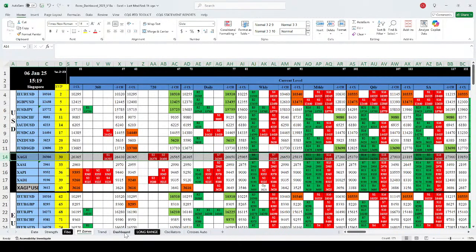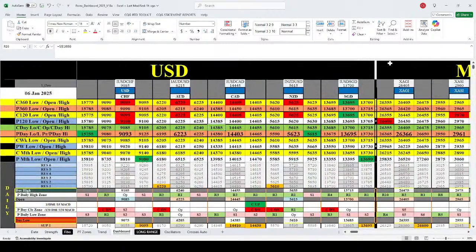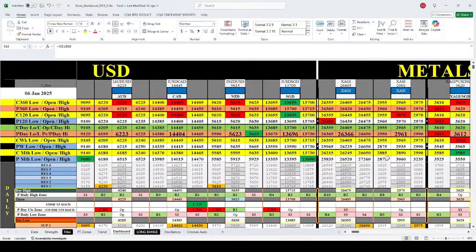Okay, so then finally we come into the dashboard. Remember, if it's sell and hold, I told you the level is 2656. We should be looking to sell near 2656.5 or 2665.